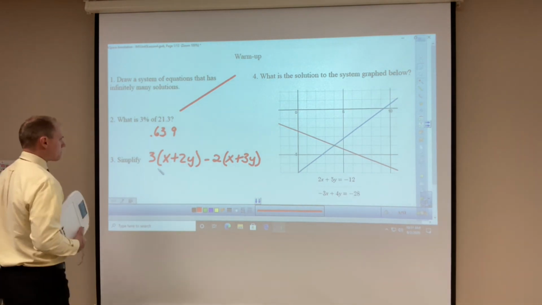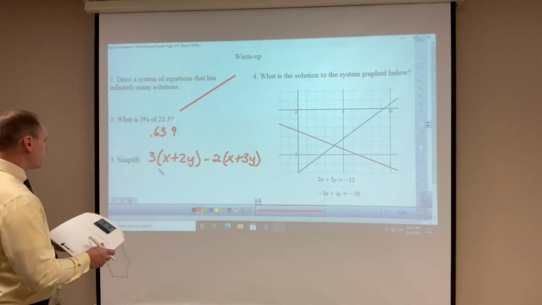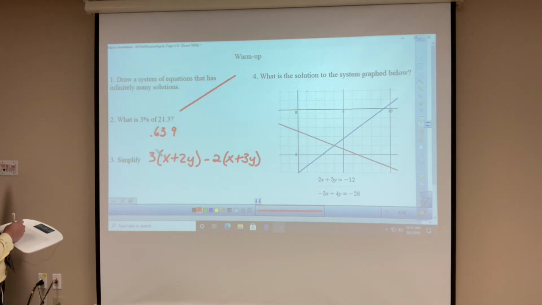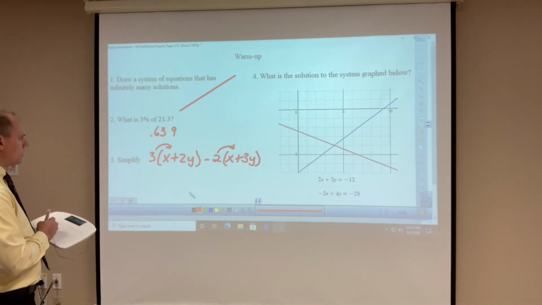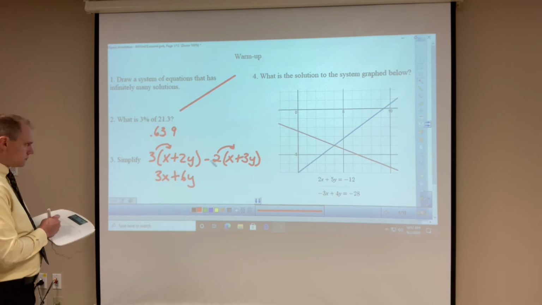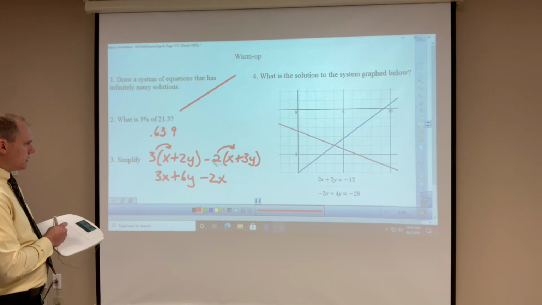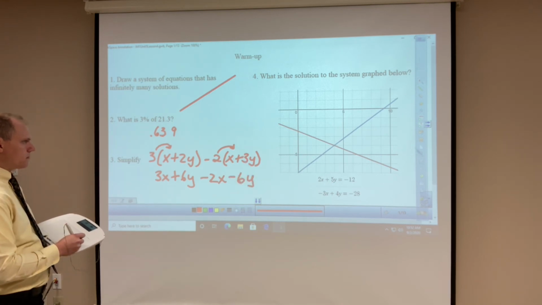Number 3, and this is going to kind of help us lead into what we're doing today, simplifying something like this. We're going to distribute the 3 into here and the negative 2 into there. So 3 times x is 3x. 3 times 2y is going to be 6y. Negative 2 times x is negative 2x. And negative 2 times a positive 3y is a negative 6y.